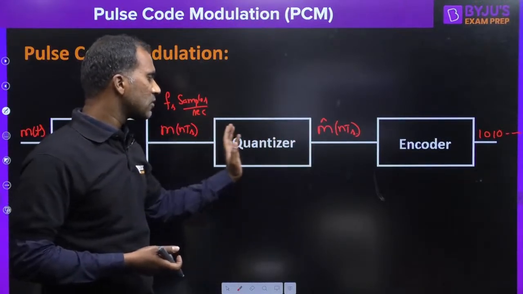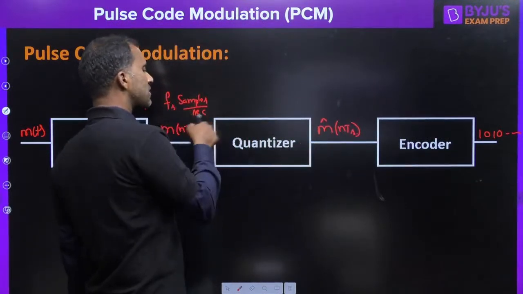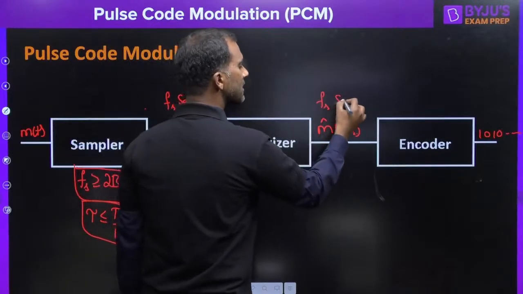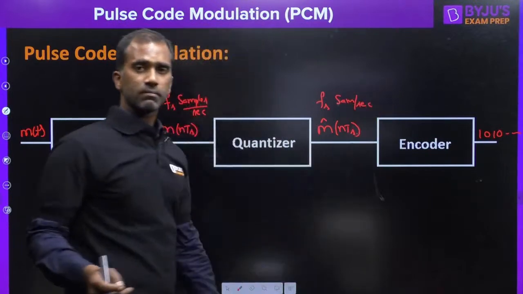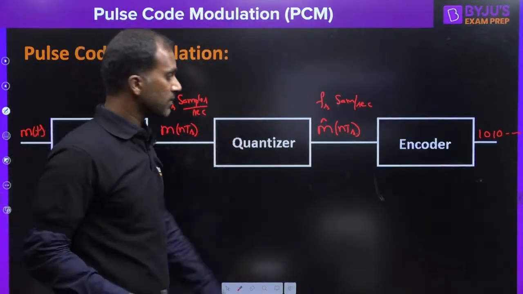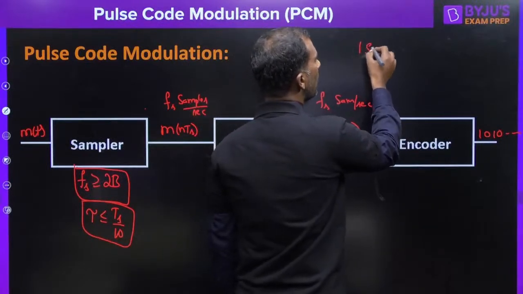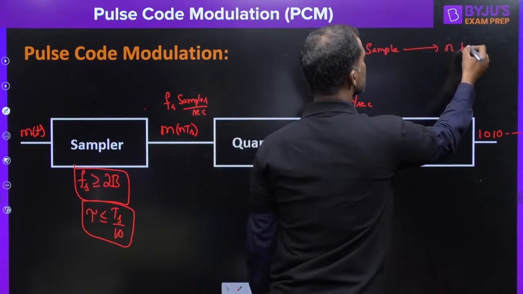So however many samples you give to the quantizer, the same number of samples will come as output. So the number of samples coming out of the quantizer is fs samples per second. Now let us talk about the encoder here. We know what an encoder does. One sample it will convert into n bits. This is what it does.